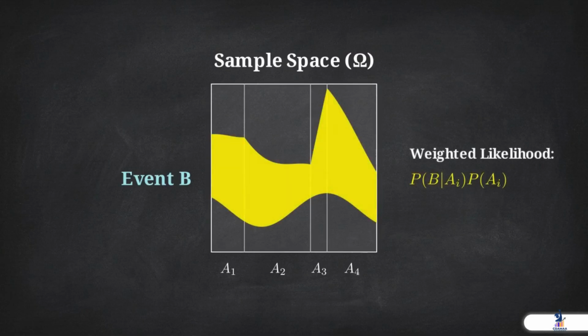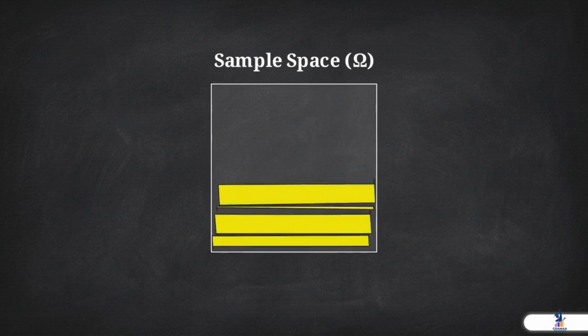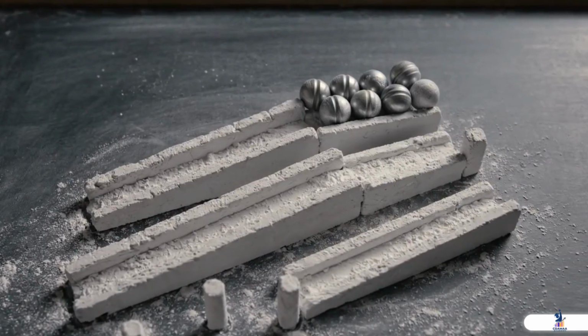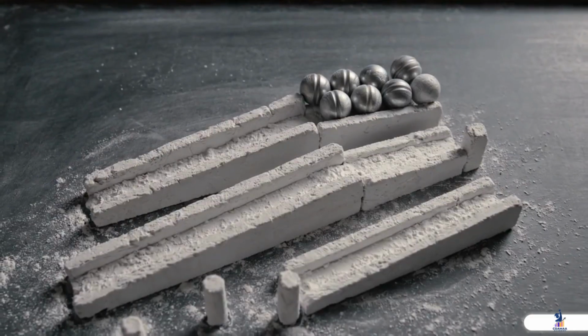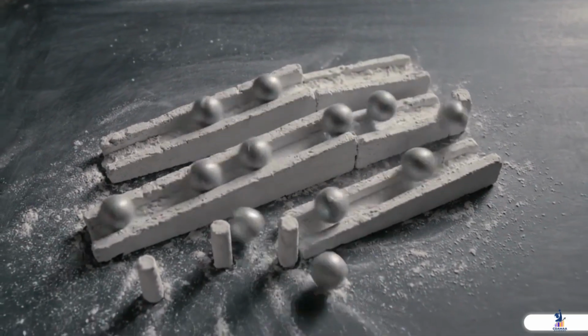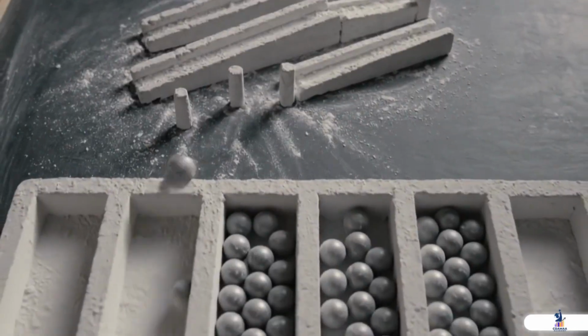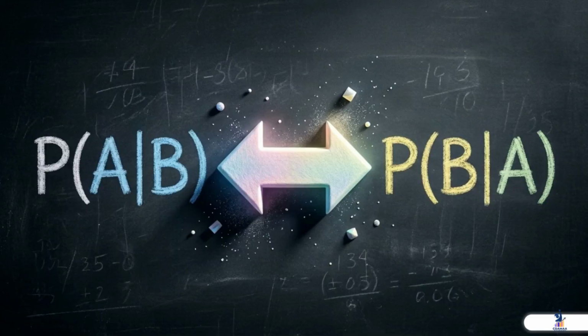We build the total probability by calculating the event's likelihood within each specific column, weighted by the size of each piece, and summing them together. This process links back to our definition of conditional probability, applied piece by piece across the partition. This total sum provides the denominator required for complex inference. This law allows us to eventually invert the direction of conditioning through Bayes' rule.